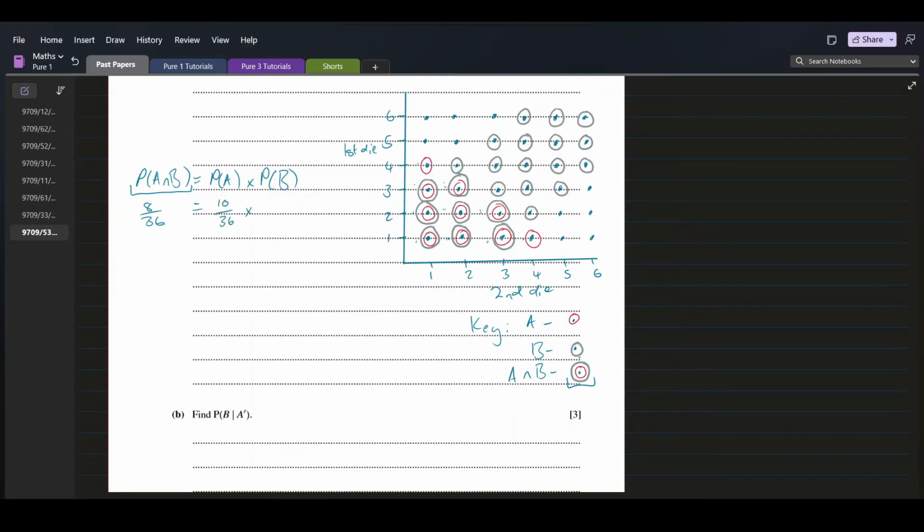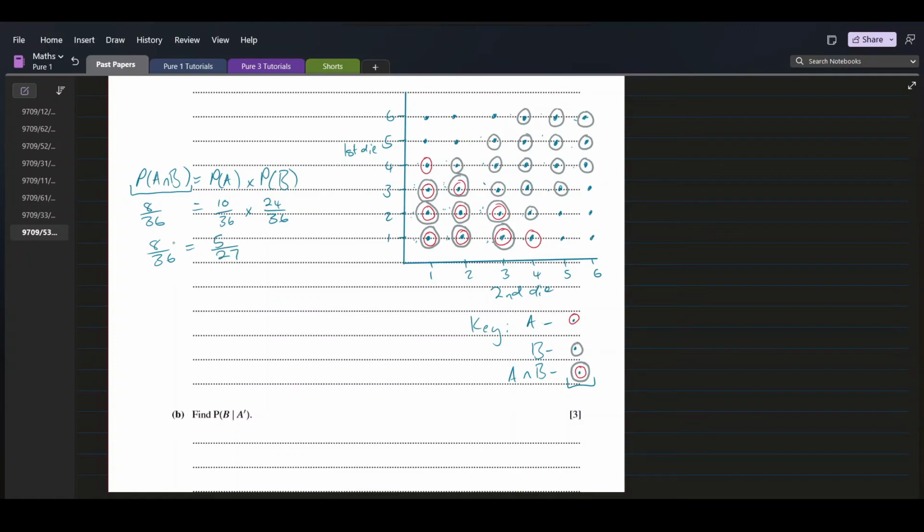And then event B, that's the gray circle, so that's 24 out of 36. So we've got 8 over 36. And if we simplify the right hand side, that is 10 over 36 times 24 over 36. That gives us 5 over 27.